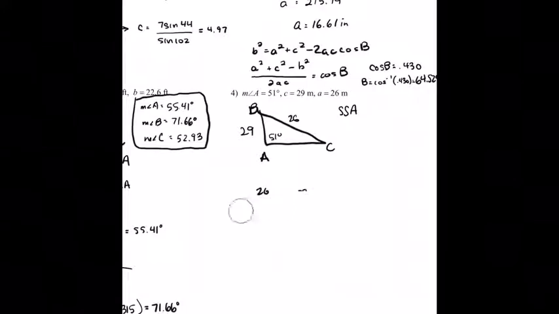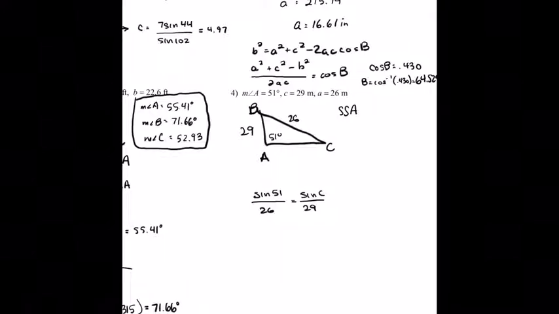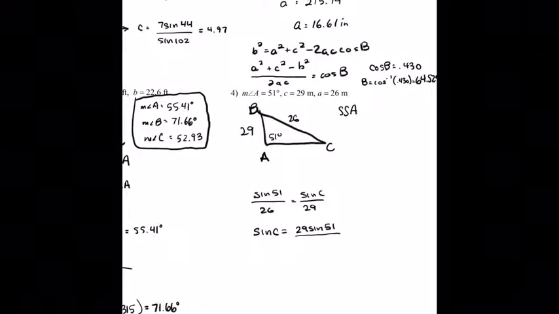So I'm going to go ahead and flip these upside down and put sine 51 over side A, and then sine C over 29. Multiply both sides by 29 and we get sine C is 29 times the sine of 51 all over 26.